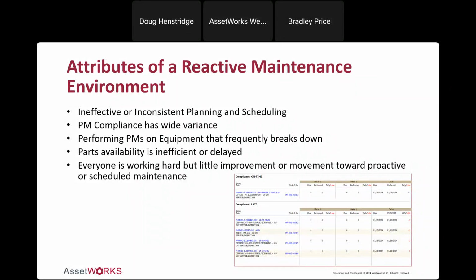So if you wait until the PM is due to order materials, you may run into a back order issue. You may be delayed there. By the time the parts come in, you are now otherwise occupied, so it delays the maintenance even more. So there's a certain inefficiency built into the process when you're not effectively managing materials and inventory that would contribute to driving a preventive maintenance schedule.